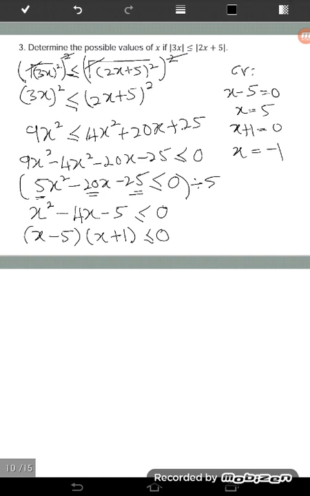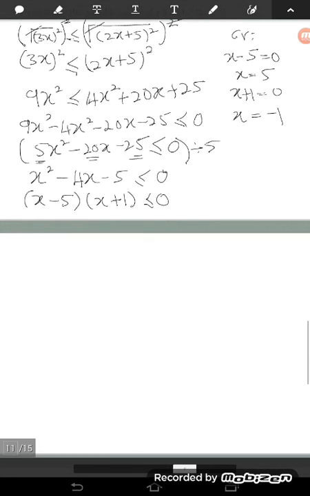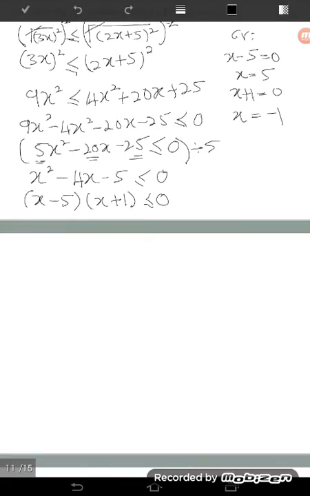Next, draw the interval table. So here negative 1 and here is 5.